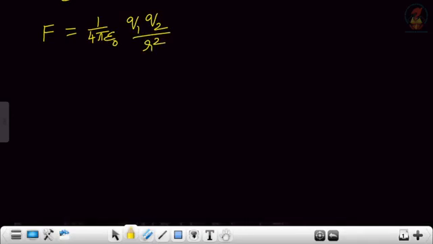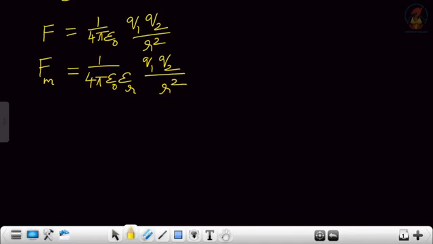In the presence of medium, the answer will be 1 by 4 pi epsilon 0 epsilon r q1 q2 by r square.